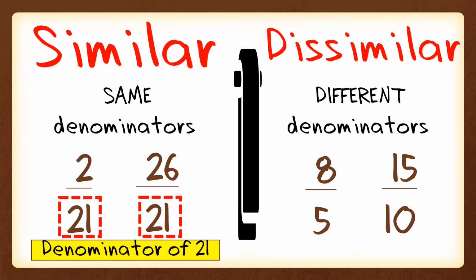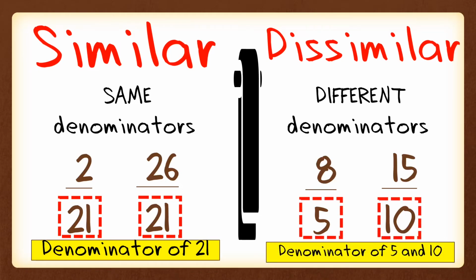So 8 over 5 and 15 over 10 have the denominators of 5 and 10. So 8 over 5 and 15 over 10 are dissimilar fractions because they have different denominators of 5 and 10.